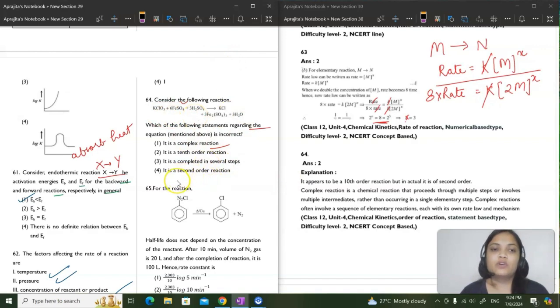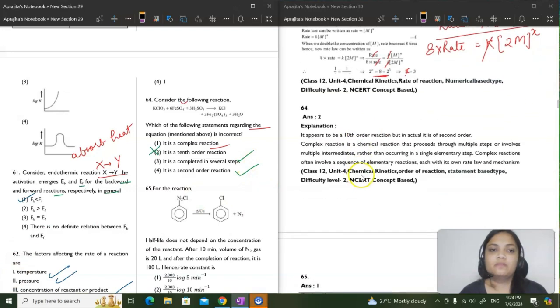It is a second order reaction. So it means statement 2 is wrong. It is completed in several steps, correct. It's a second order reaction, correct. So this reaction is taking place in multiple steps, so it is a complex reaction. So the incorrect statement is option 2. Okay, that will be the answer.